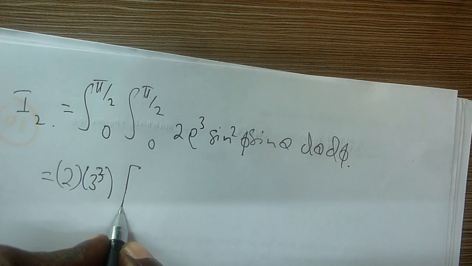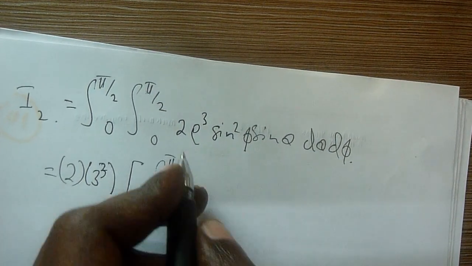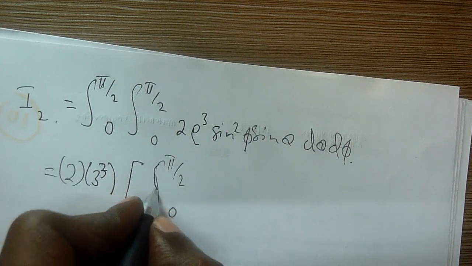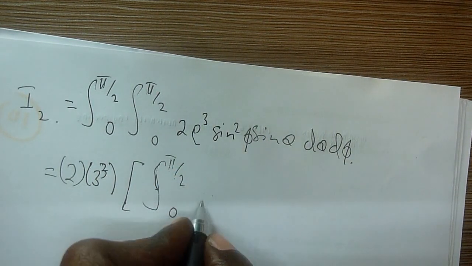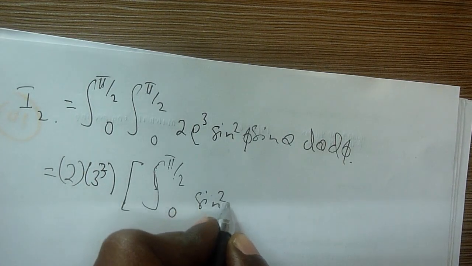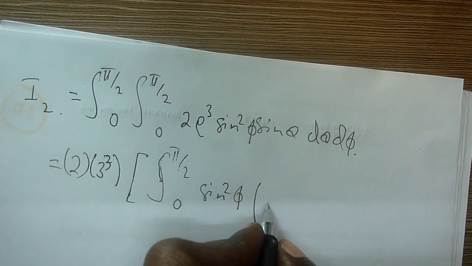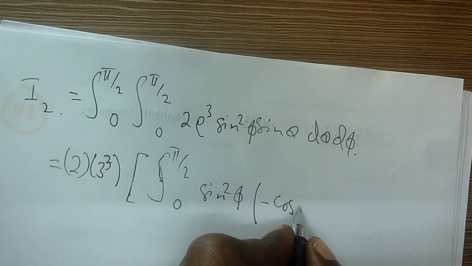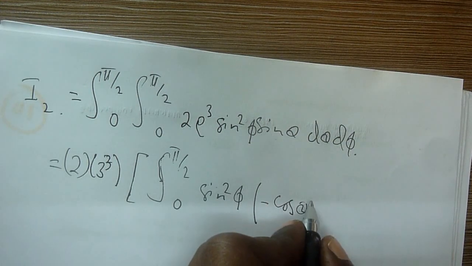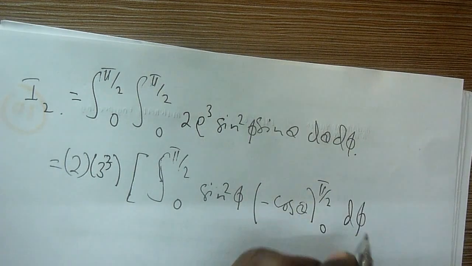I hope that you can do the first phase here, from 0 to pi over 2. Sine phi can come out, but don't touch it first. This one is negative cos theta from 0 to pi over 2 d phi.